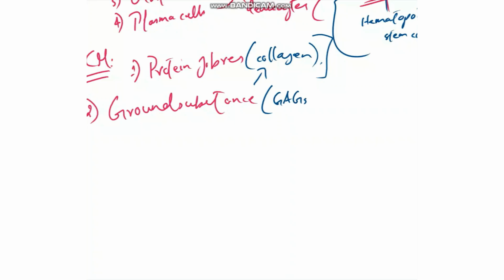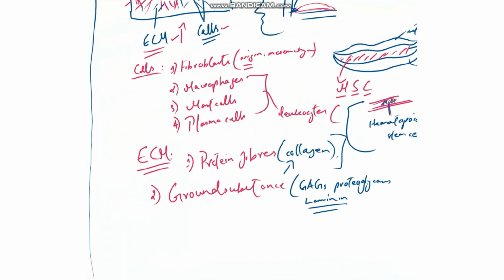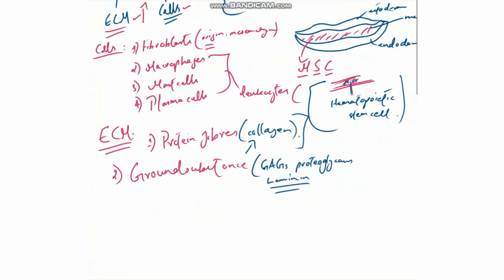These are glycosaminoglycans, proteoglycans, proteins like laminin. Laminin we studied earlier, that it's the protein that attaches integrin to integrin in the basal lamina. Anyways, so we have studied the cell types and the ECM and what it contains.